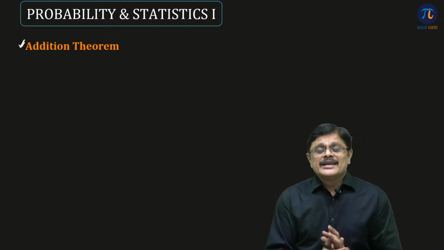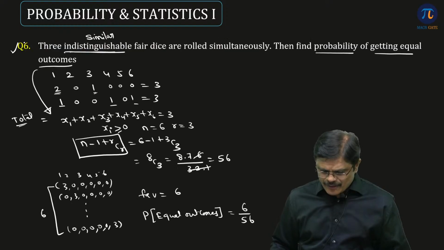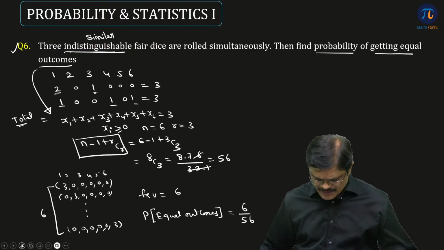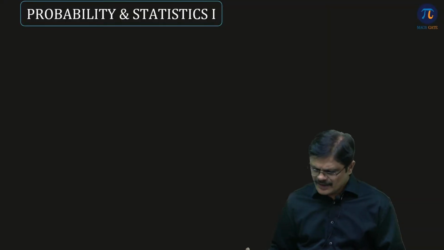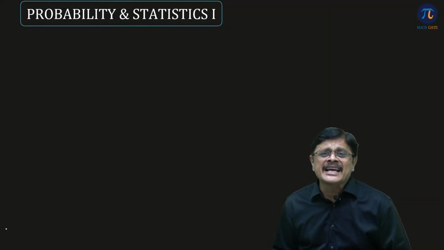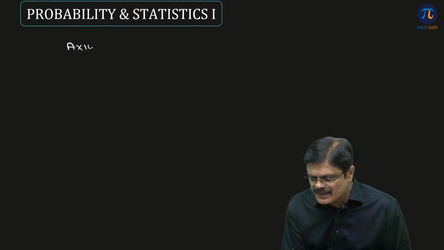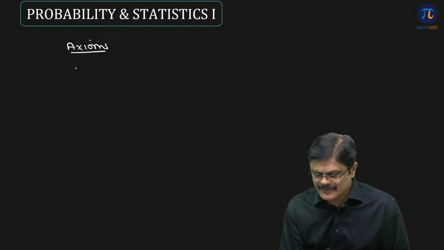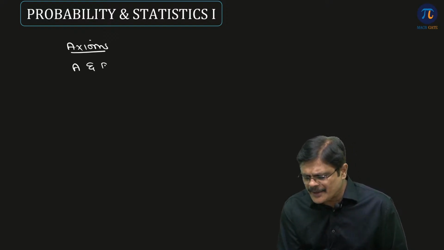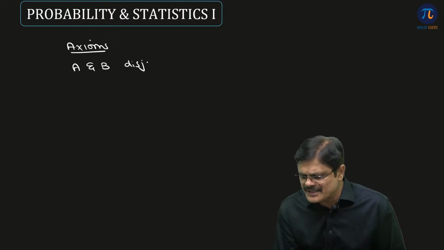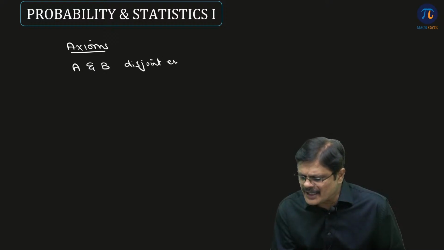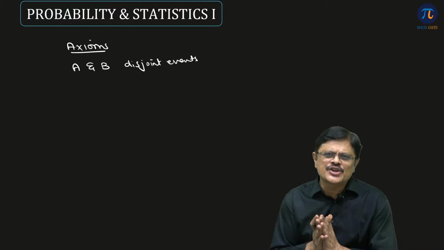See, in the beginning, if you remember, let me just introduce this with one idea. When I was discussing the axioms of probability, there was a result which I gave. If A and B are disjoint events, what do you mean by disjoint events?